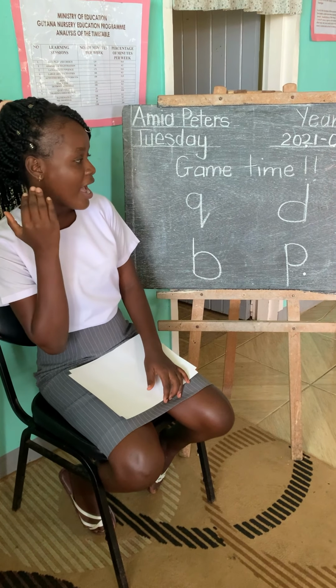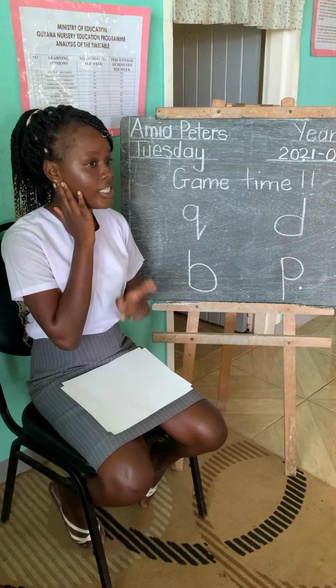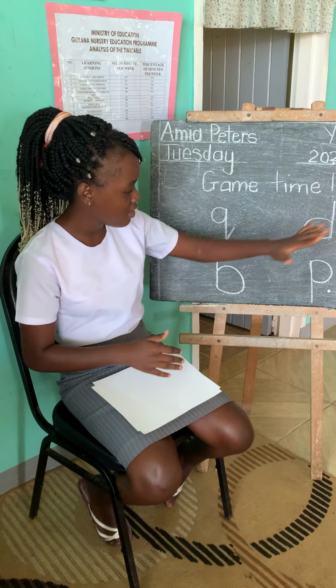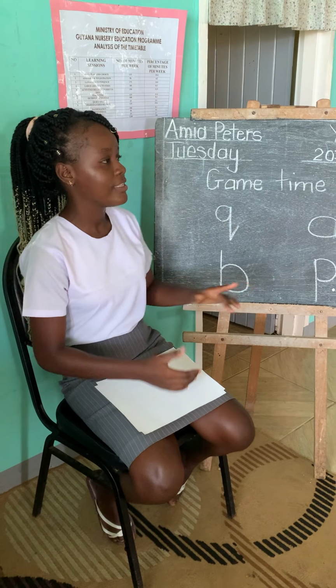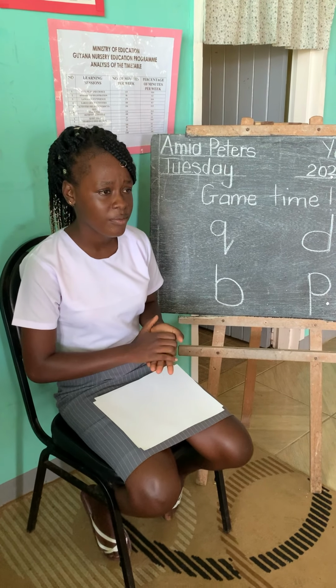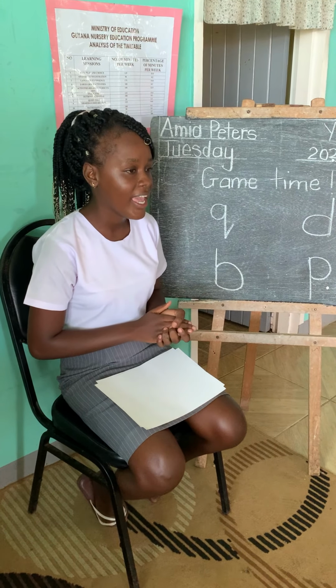Just now, Amia came to the letter that made the D sound. But now I want Gregory to tell me which letter on this board here makes the B sound. Now everybody say that sound for me. B. Again. B.